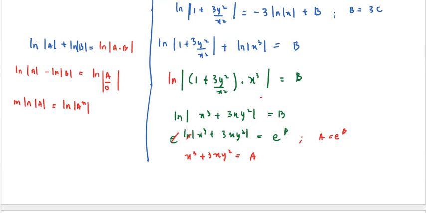Okay, so sekarang ni kita nak y saja, so you need to bring all this one x cube to the left hand side. So nanti kita akan dapat 3xy square equal to A minus x cube. So we want to find y, so y is equal to square root of A minus x cube over 3x.